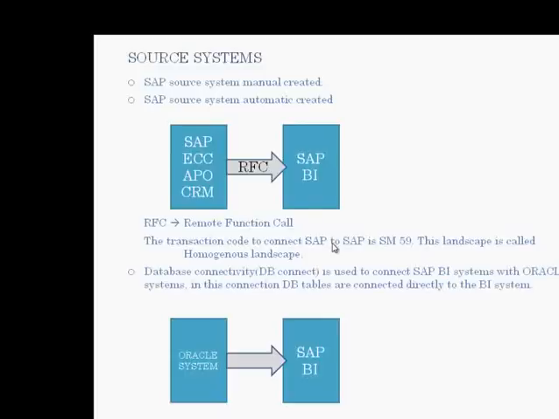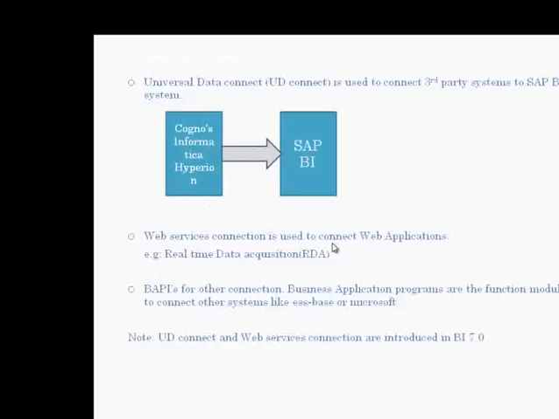So there is a DB connect, which is an Oracle connection. Once you create a source system for Oracle, you can access the database tables and views in the BI system. There is a universal data connect, UD Connect, which is used to connect third-party systems to BI systems.